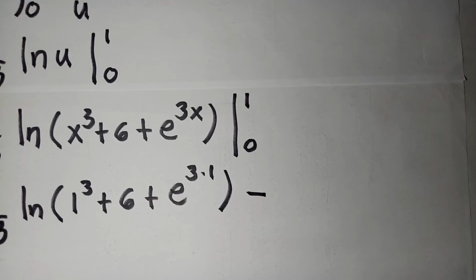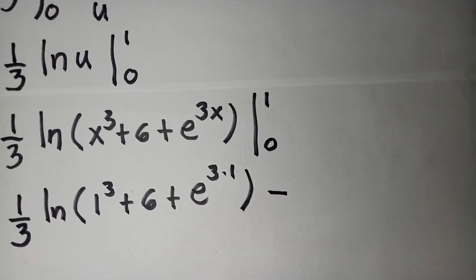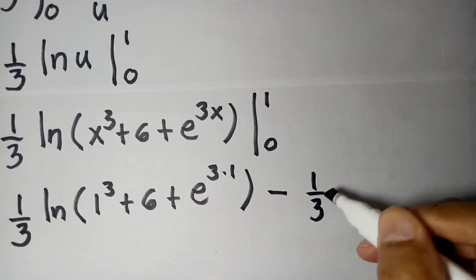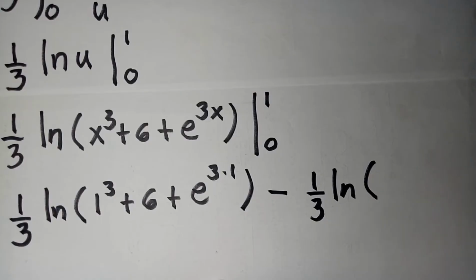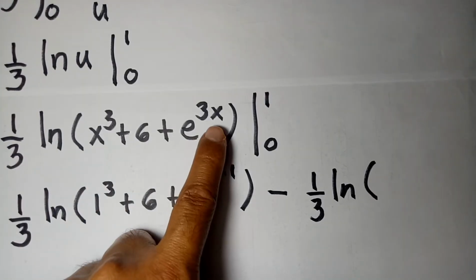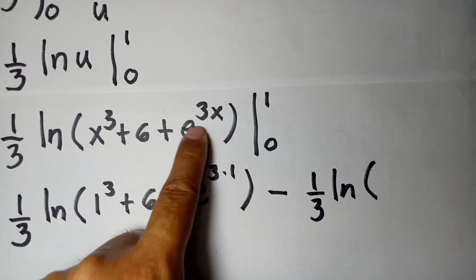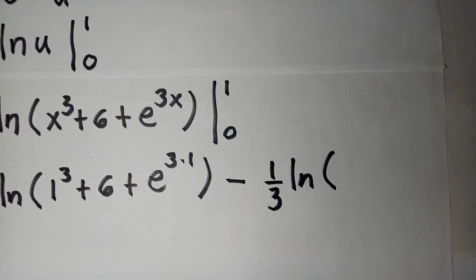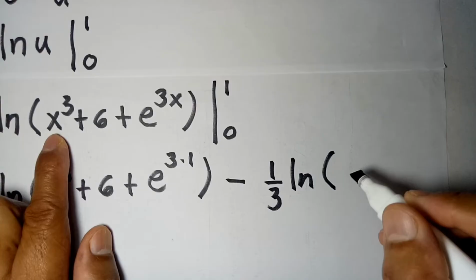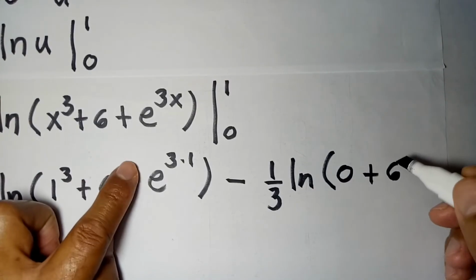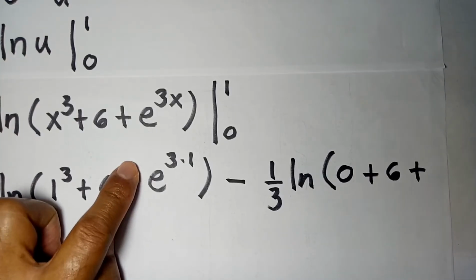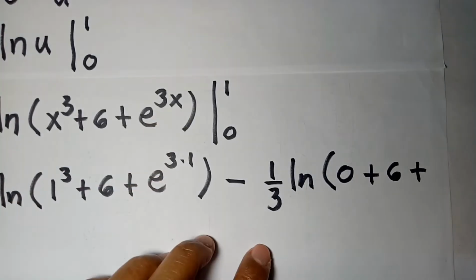So I will have the constant 1/3, and then ln of, and then this time x will be replaced by 0. So when x is 0, this will become 0, and then plus 6, and then plus e raised to 3 times 0 is 0. So I will have e raised to 0.